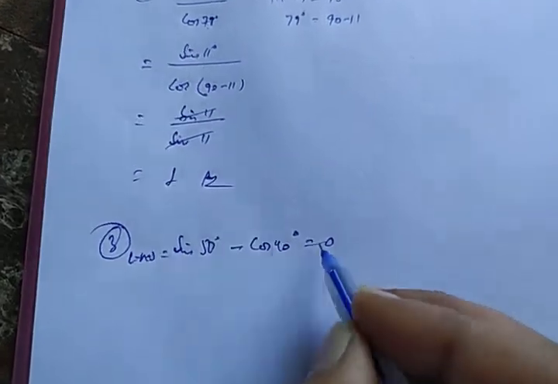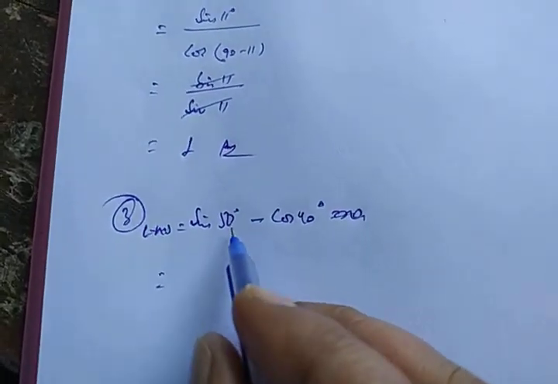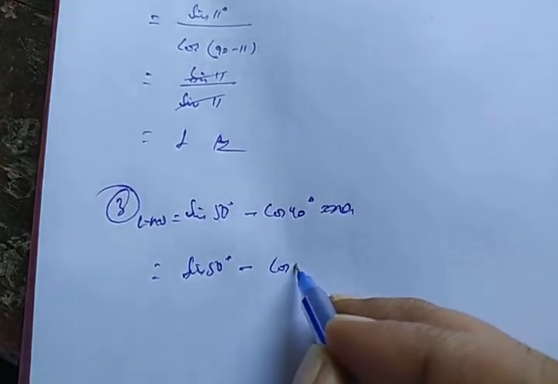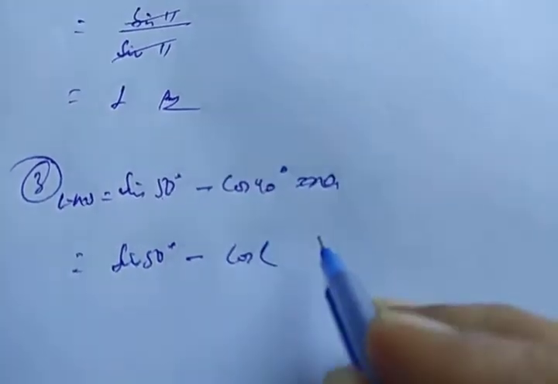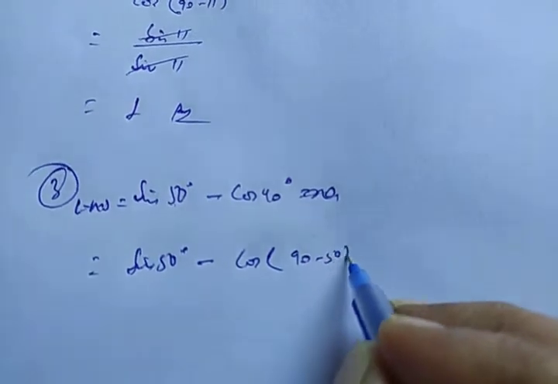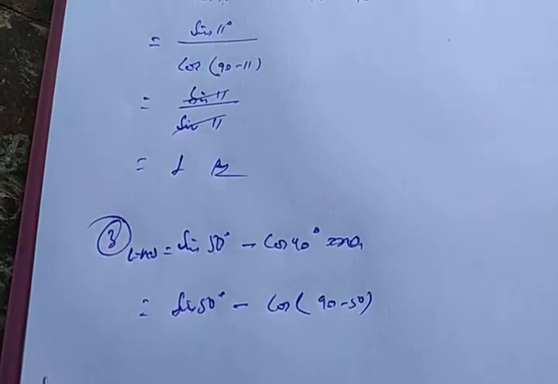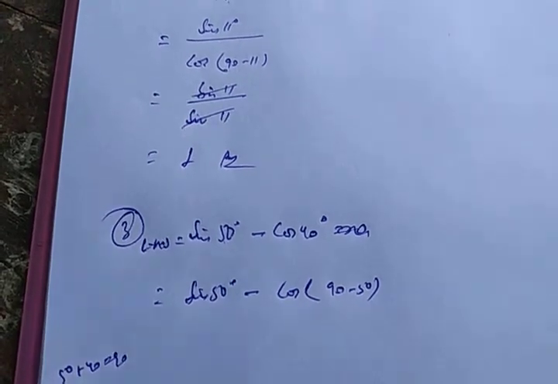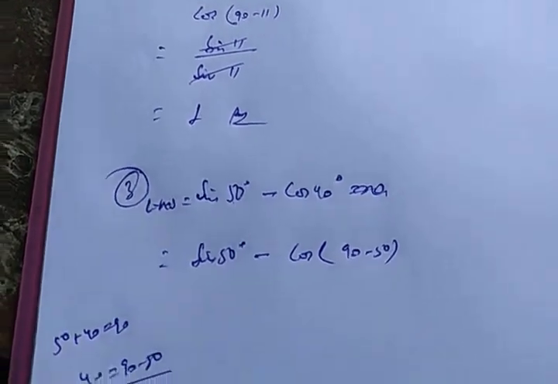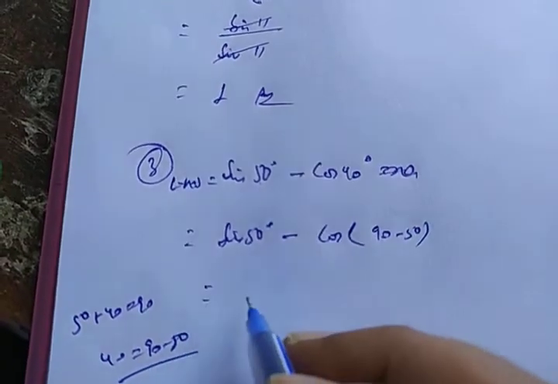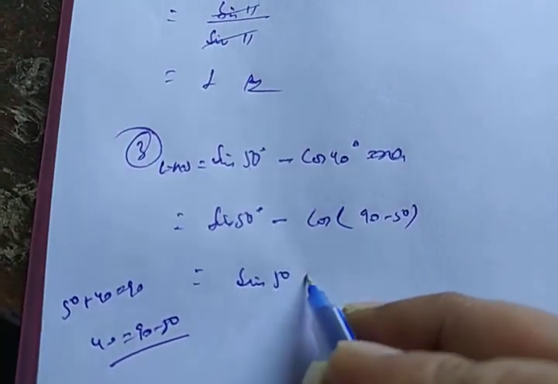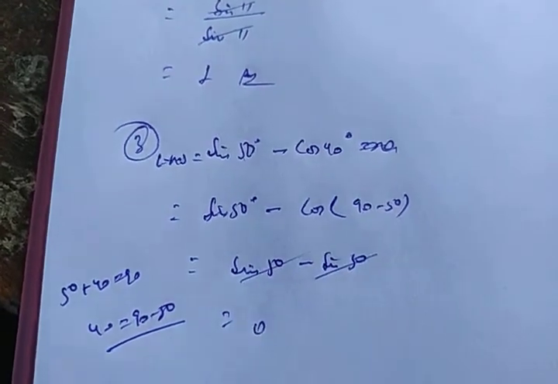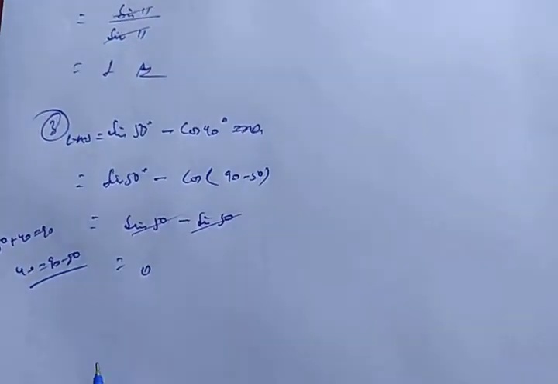Sin 50 degree minus this 40 will be written as 90 minus 50 degree, because in your rough work you can calculate 50 plus 40 is equal to 90, then 40 can be changed as 90 minus 50 degree. This calculation you should keep in your mind. It is sin 50 minus again sin 50, both similar values subtracting become 0. In this way you will have to solve the question.